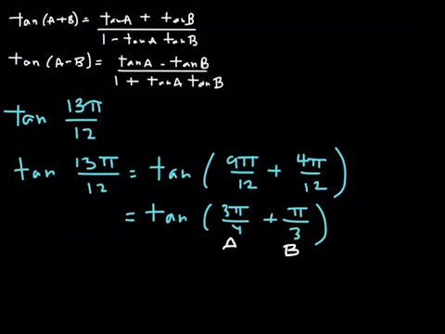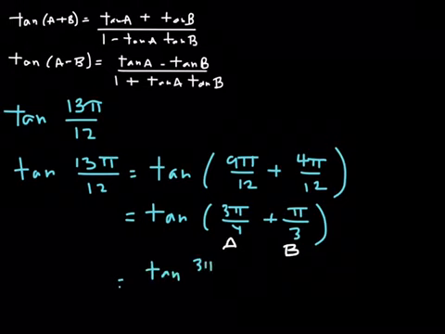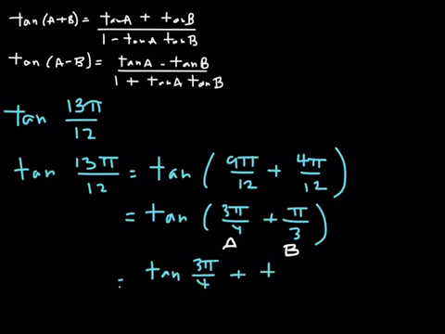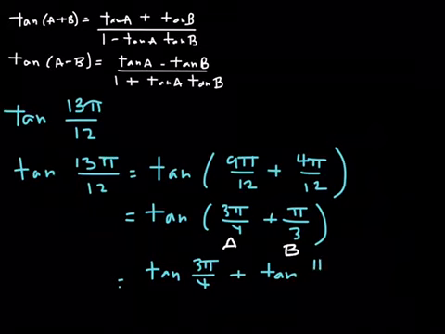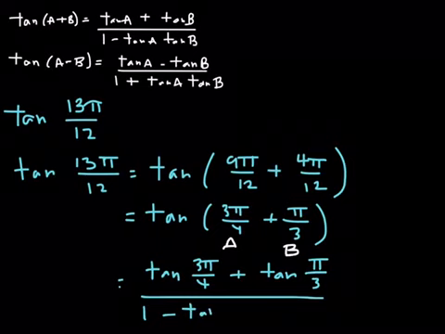Let's apply the identity. So then this is equal to tangent of 3 pi over 4 plus tangent of pi over 3 over 1 minus the product of those two. So tangent of 3 pi over 4 times tangent of pi over 3.